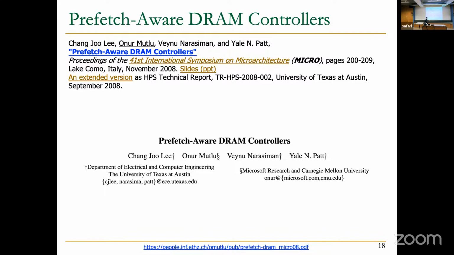Then it can adaptively change the policy. If I have a notion of accuracy and I have seen that my prefetcher is historically accurate, then I'm going to put this cache line at a much higher priority so that it stays in the cache for a longer time.